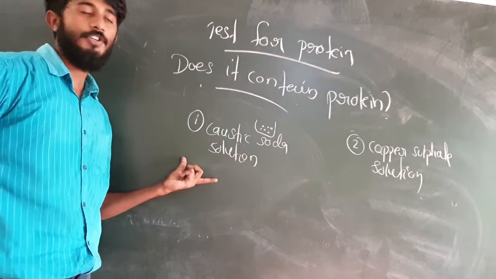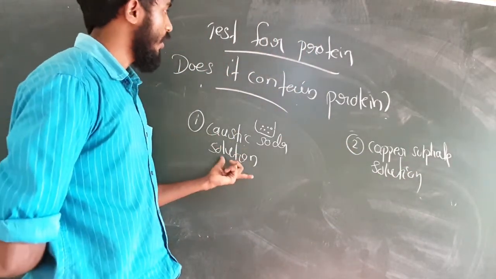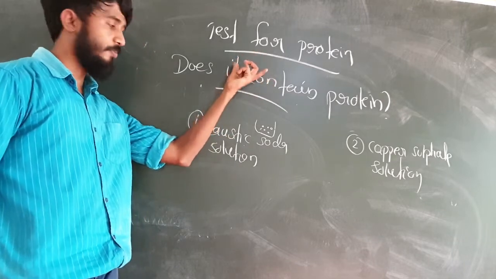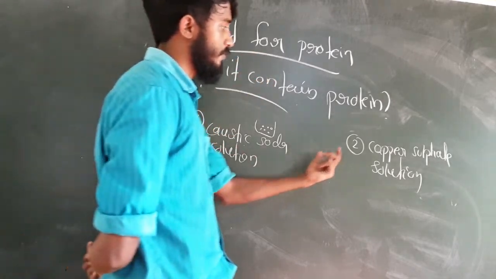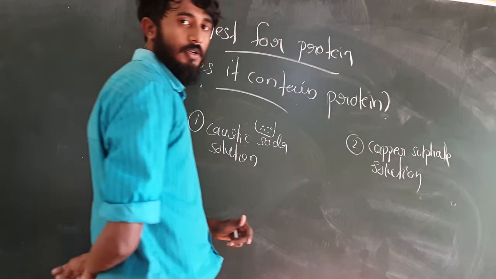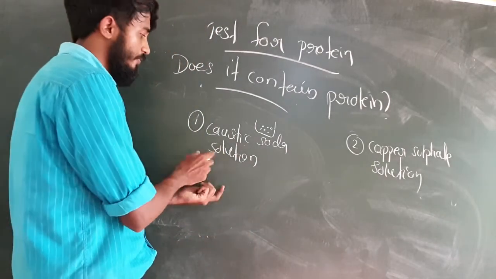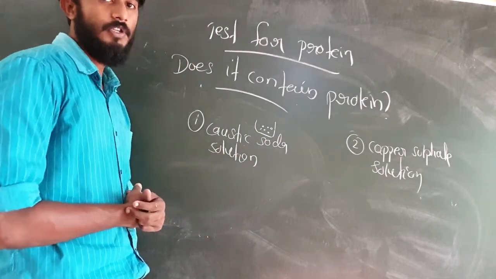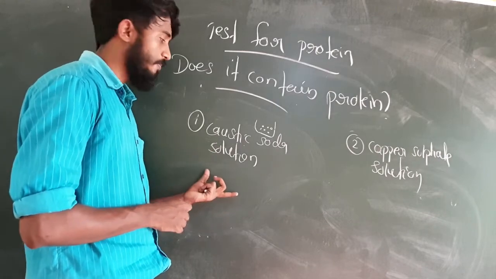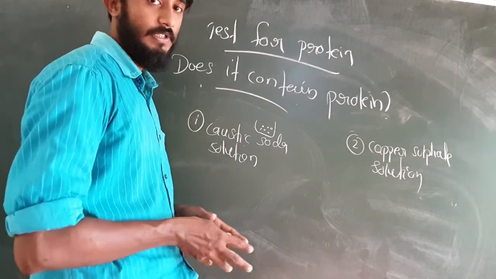With the help of these two, we can find out the presence of protein. So first of all, we can see what is caustic soda solution and how it is made. These are the things we can discuss first of all.